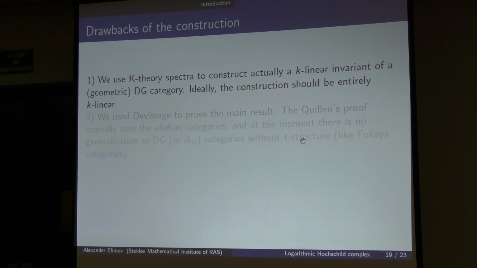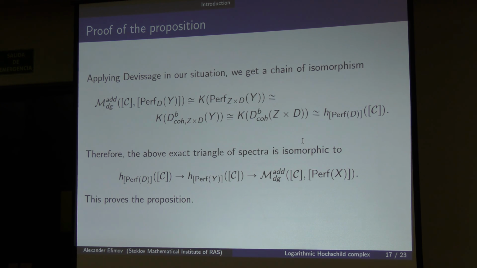Essentially the problem is that if my C is not geometric, then I have the dévissage for perfect complexes supported on D on Y, and what I want to do is to tensor everything by C and claim that I again have an isomorphism in K-theory, and I cannot do that for smooth and proper dg categories which are not geometric. So I don't have a counterexample, and I'm sure it should be true, but there's no technique available to prove it.